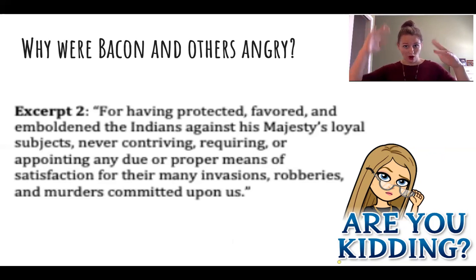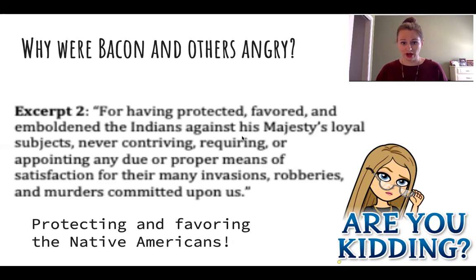Again, we did a waterfall question in class. Why were Bacon and others angry? If we look at this quote, we know that they are angry because they felt like the British were protecting and favoring the Native Americans. You have to remember that we were trying to have a good relationship with Native Americans at this time because we needed to foster trade with them to be able to make money.